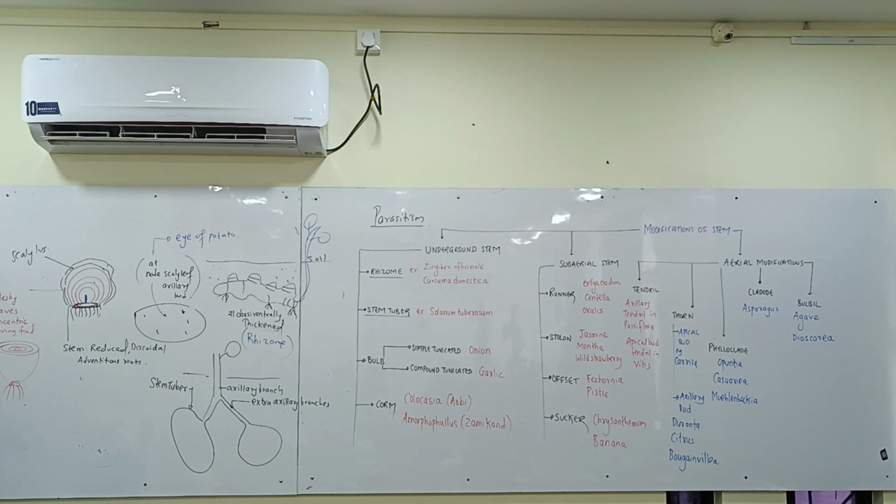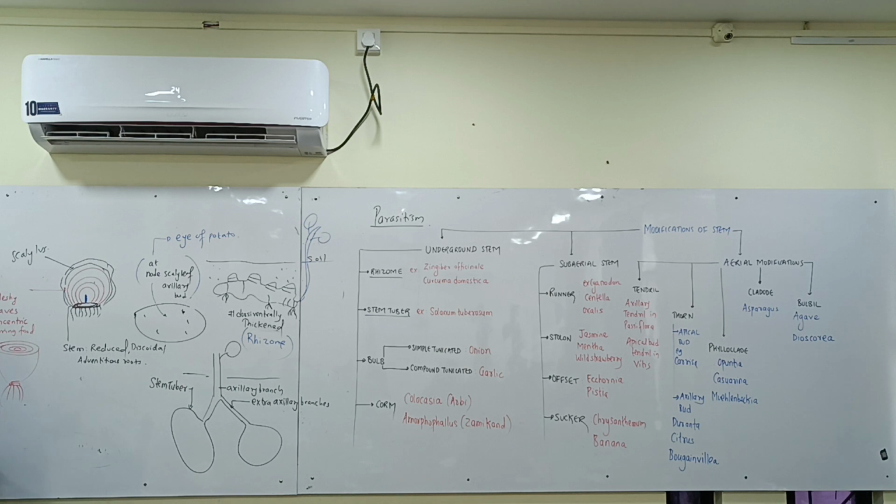Which type of leaf is it? Scaly. And the actual onion that we eat is the circular fleshy leaf. And the stem that we cut and throw away is the reduced discoidal stem.